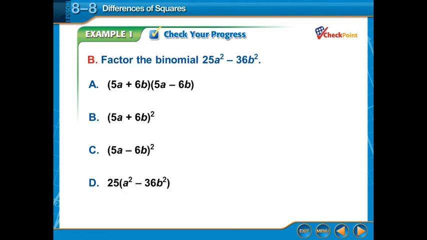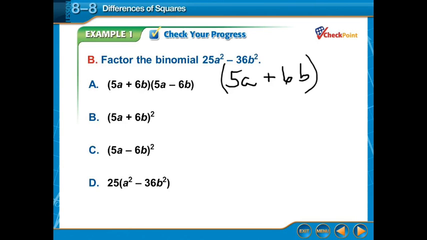Let's try another one. Let's do 25a squared minus 36b squared. This time I'm going to ask myself what is the... I don't really see a greatest common factor that I can take out, but I do see two perfect squares, because the square root of 25a squared is 5a, and the square root of 36b squared is 6b.